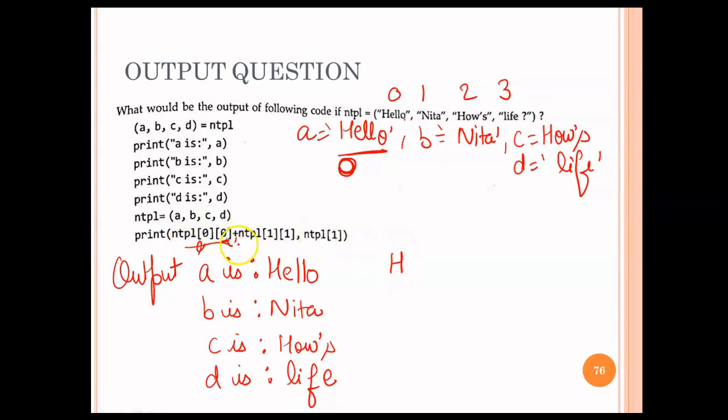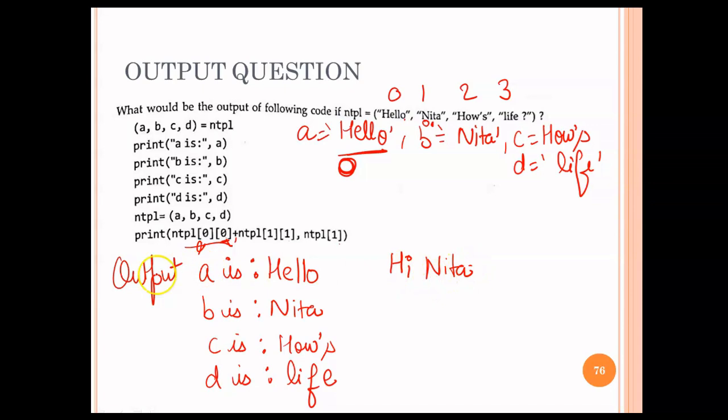Then plus ntpl[1][1]. At position 1 we have Nita, and N is at the 0 position, I is at the 1 position. So I. Then we have ntpl[1], so Nita completely, and it will display Nita. So, hi Nita.